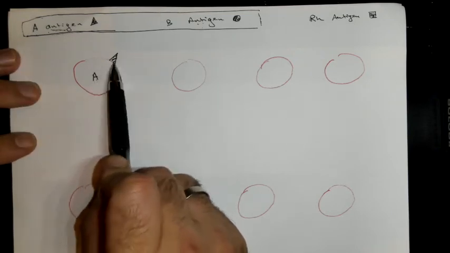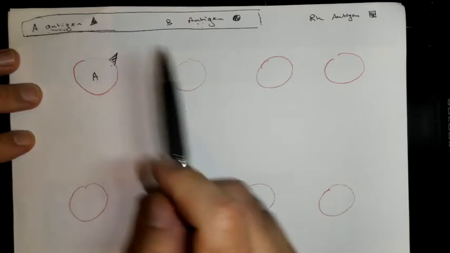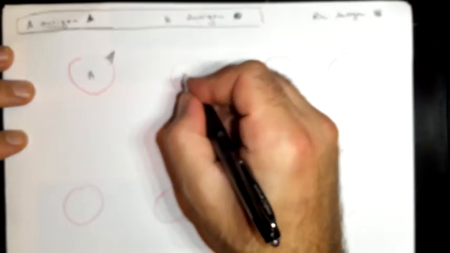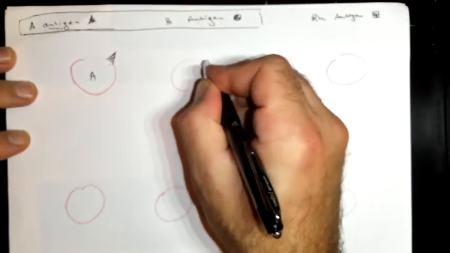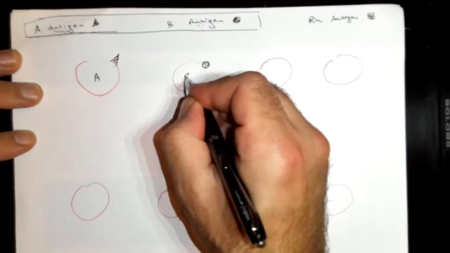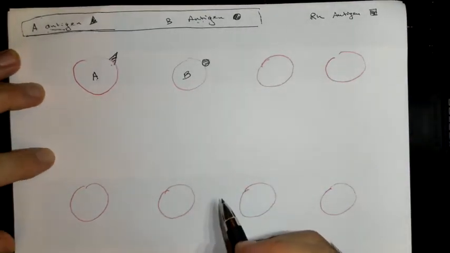So this is a type A person. Now, over here, let's draw the B antigen. And if we draw the B antigen, then this person would have type B blood.